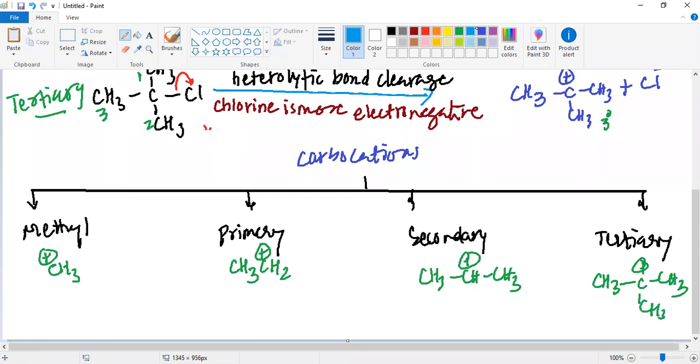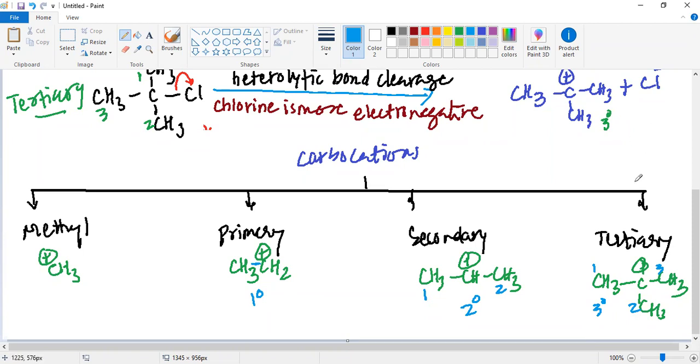The speciality, my dear students, is that this carbon which has a positive charge is directly bonded to one other carbon, and that is why it is known as primary. Here you can see that this carbon which has a positive charge is bonded to two other carbons, so it is known as secondary. And this carbon which has a positive charge is bonded to three other carbons directly, and that is why it is known as tertiary.